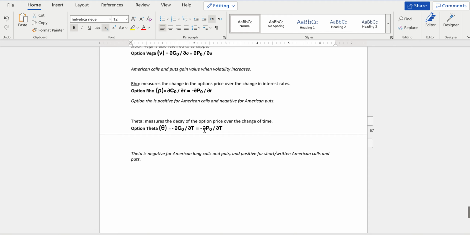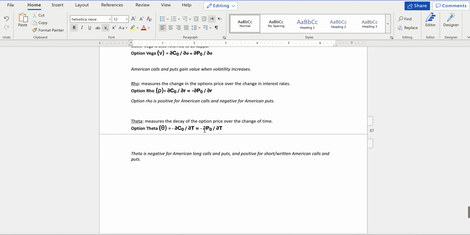Because if I get a call option or a put option with a longer date for expiration, my theta will be low, right?